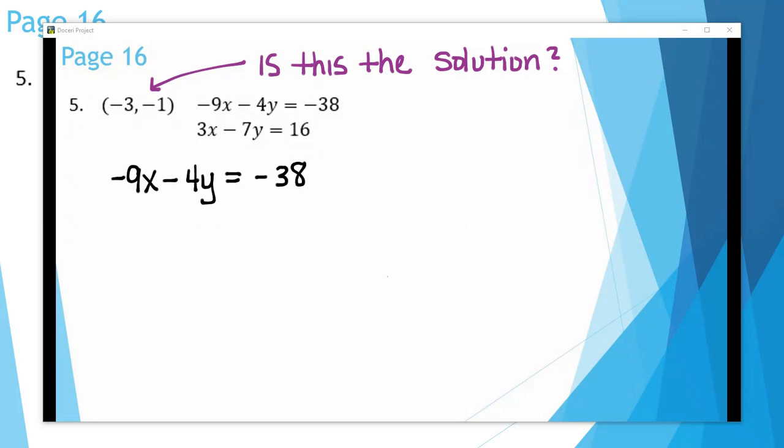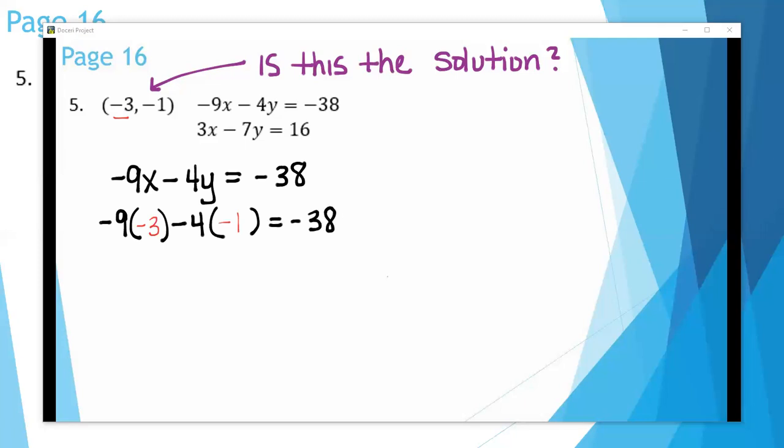And now let's substitute our variables. So instead of negative 9x, we're going to have negative 9 times negative 3, minus 4 times y, which in this ordered pair, y is negative 1, equals negative 38.